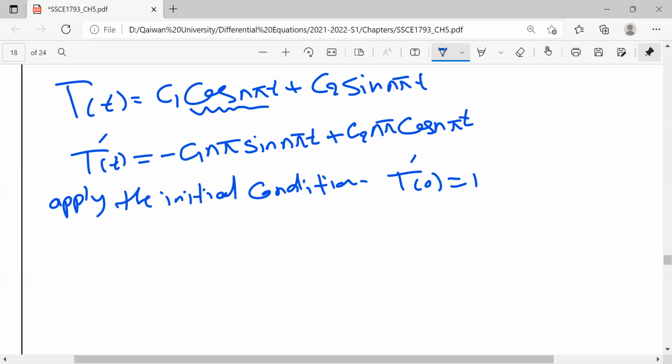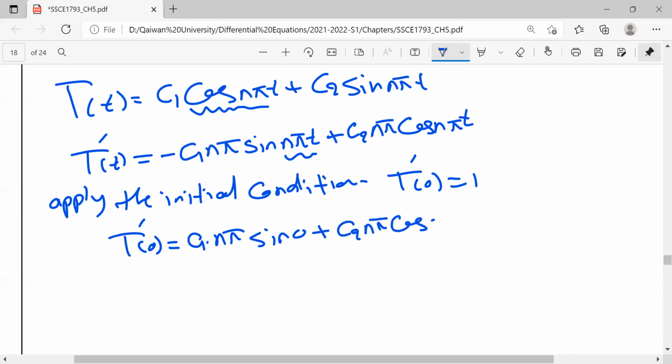We get that T prime of 0 equals negative C1 times n pi times sine 0. If we replace t by 0, we get 0 plus C2 times n pi times cosine 0.